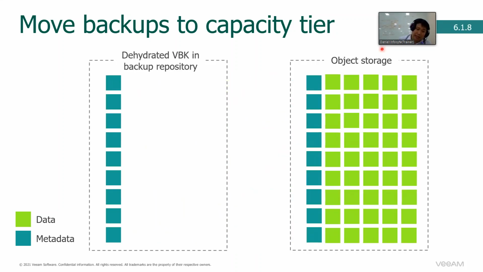Metadata will remain inside your local backup repository. So they will move the entire backup data and also metadata to the object storage to be kept for a longer time. So this move mode is used to archive older expired backup data, just like the NAS backup long-term retention.